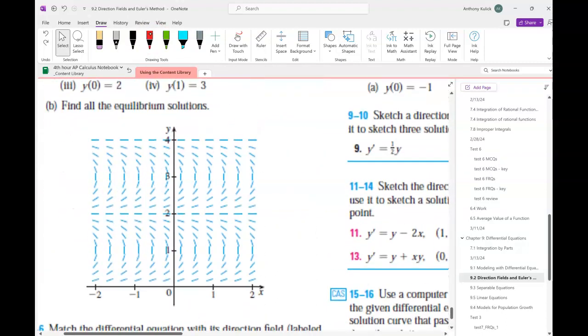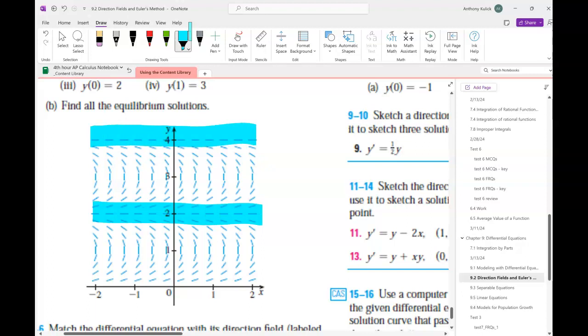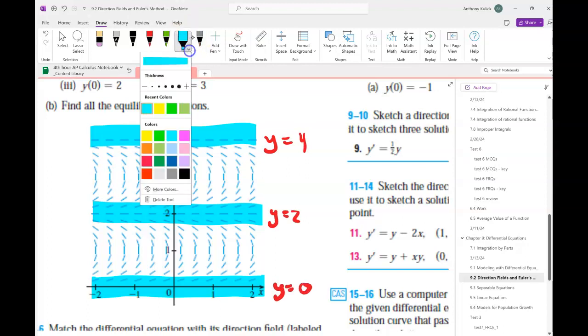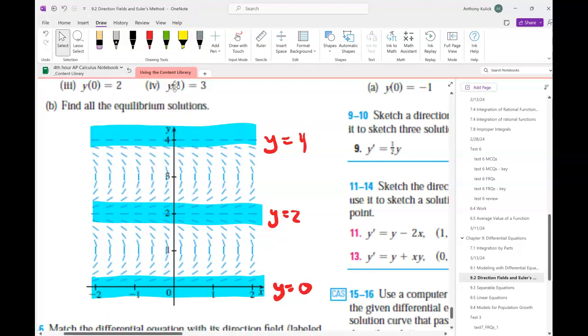Let's look at this one. Equilibrium values. What do you see? And probably 0, right? If you look at what's happening before, it is flattening out, right? What else do you notice, though? Yeah, I notice these vertical segments, right?